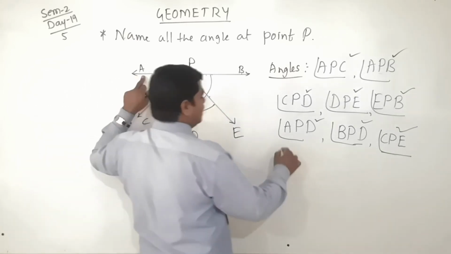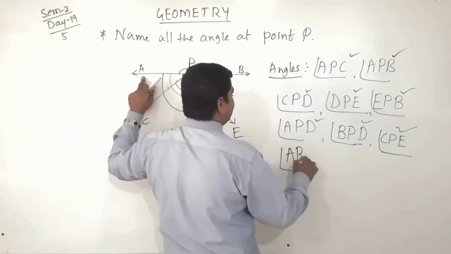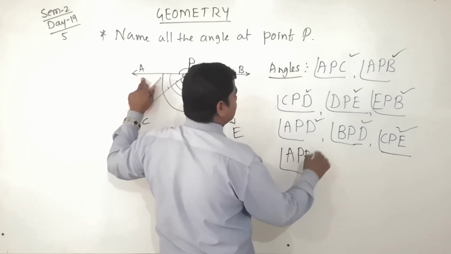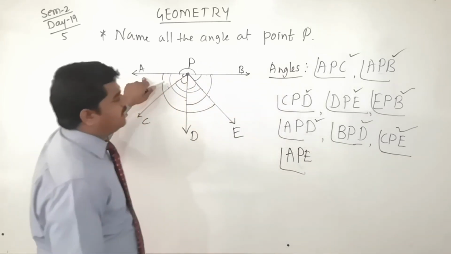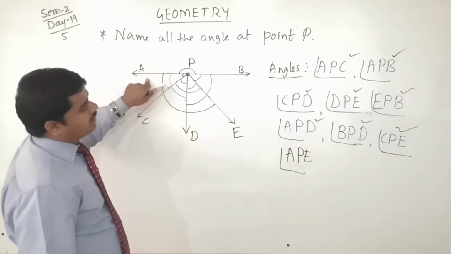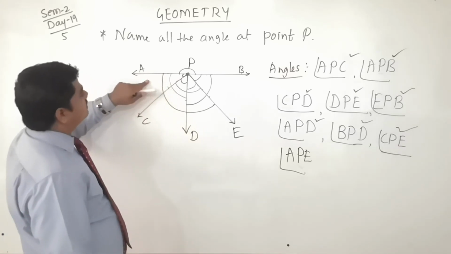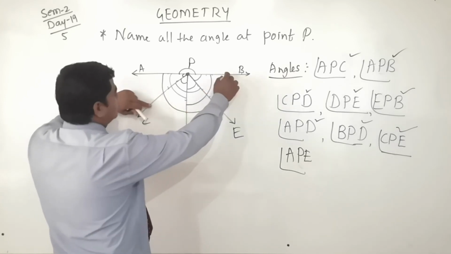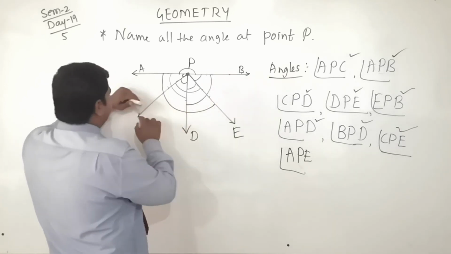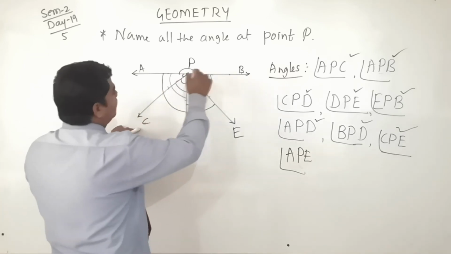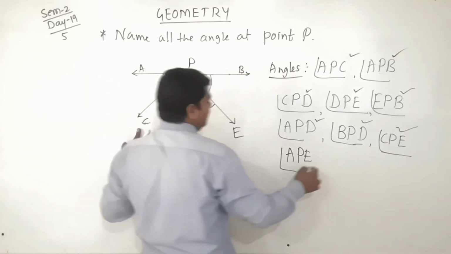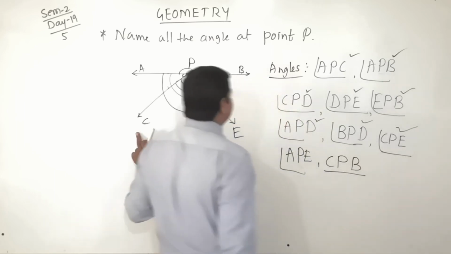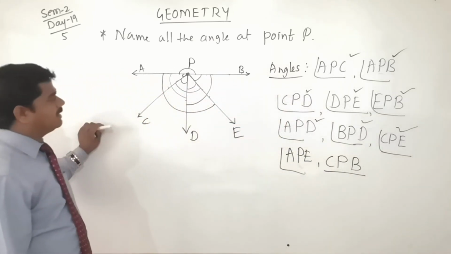Yes, angle APE, EPA or APE. And like this also, from here to there, this one also is one angle, CPB or BPC, angle CPB. This is also one angle we can take.